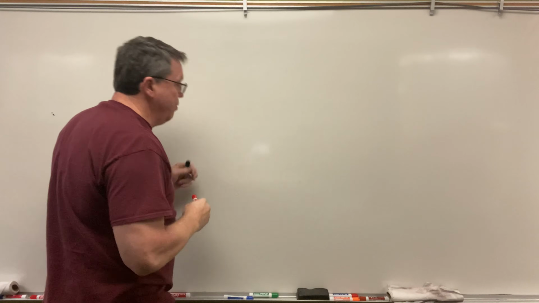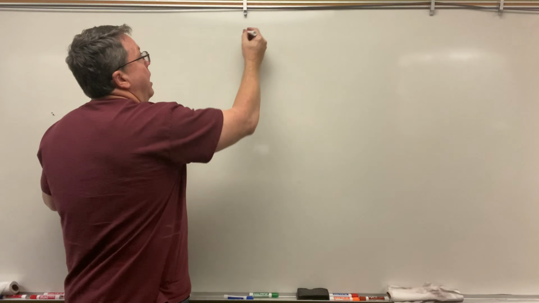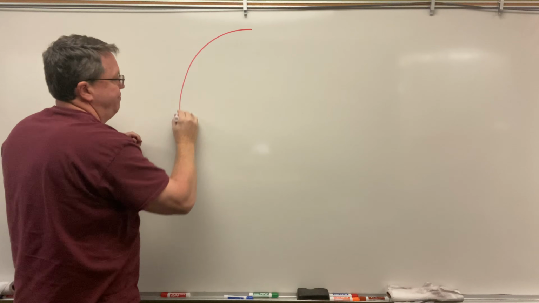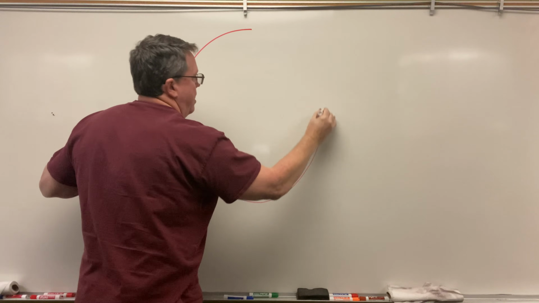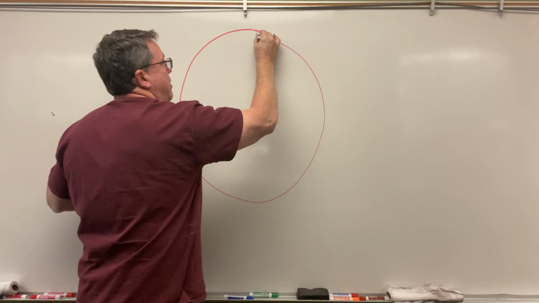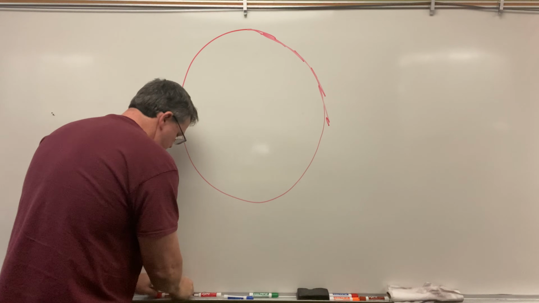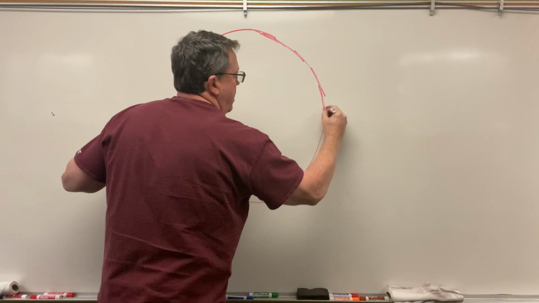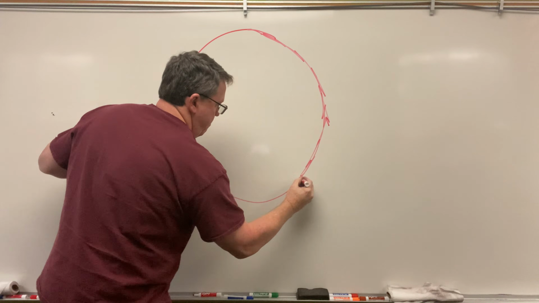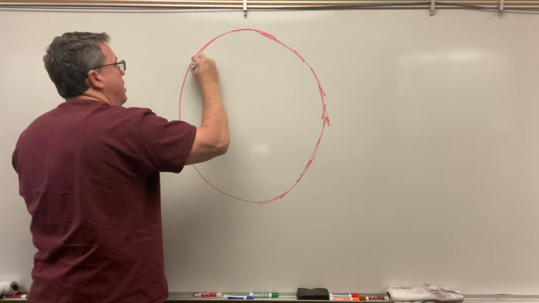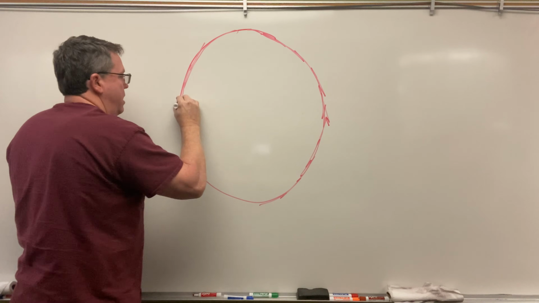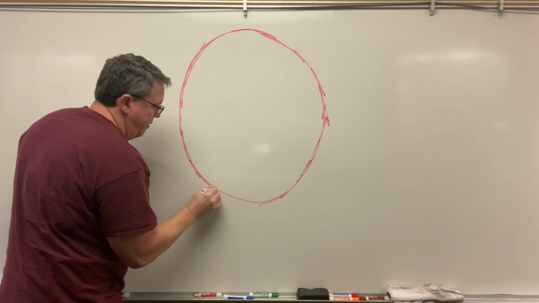And here's what's going to happen: I'm going to draw a heart here real fast. All right, and there's my heart. I got my heart coming around this way. All right, and your heart is divided into several chambers.